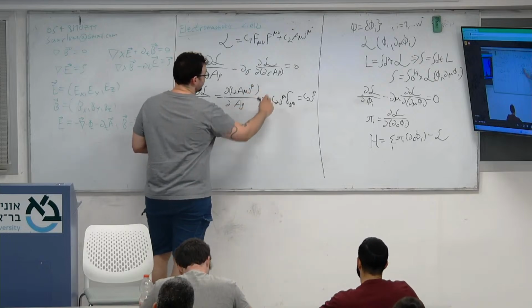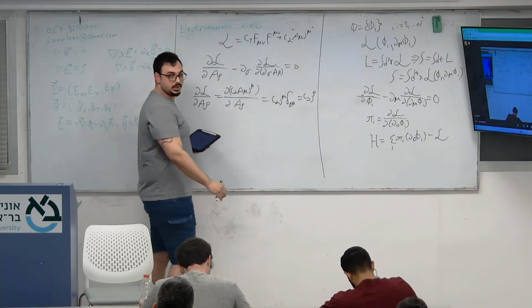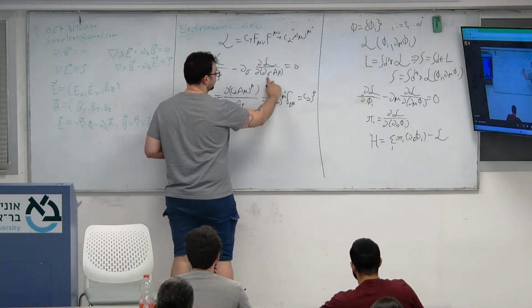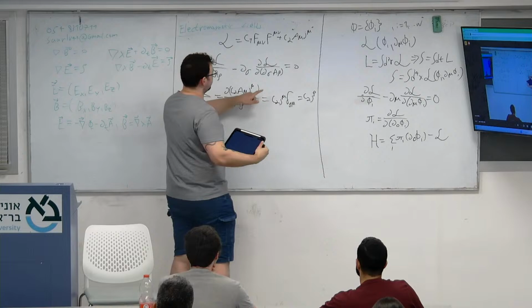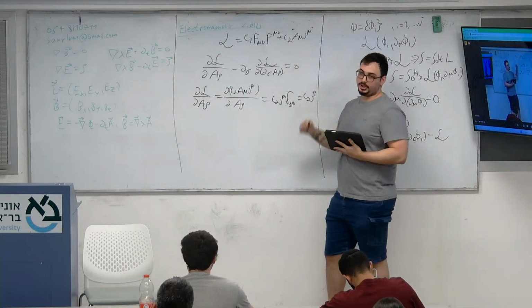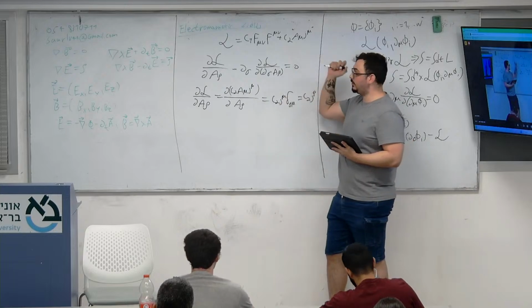Now, in order to find the next term, we need to isolate all the terms which are dou rho A sigma and dou sigma A rho. We notice that in the F mu nu up top, the indexes are above, not below.